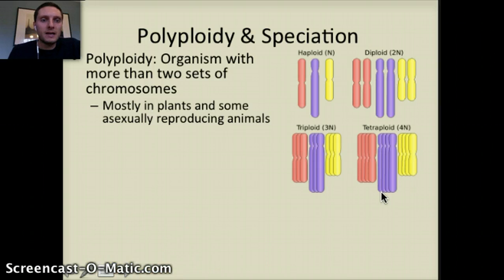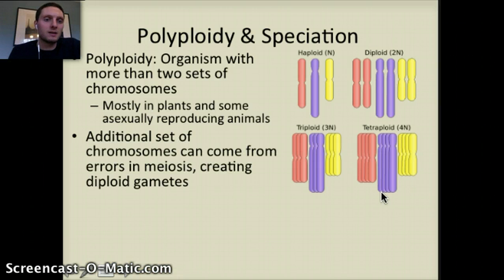And so what we see happen is these additional sets of chromosomes can come from errors of meiosis, and they can create diploid gametes. For example, let's say there is a plant species that through a mistake in meiosis becomes tetraploid, so it has 4 sets of chromosomes. It's not going to be able to reproduce with another plant that's not a tetraploid. Some plant species can reproduce asexually, so rather than reproducing sexually, this tetraploid plant is going to reproduce asexually.